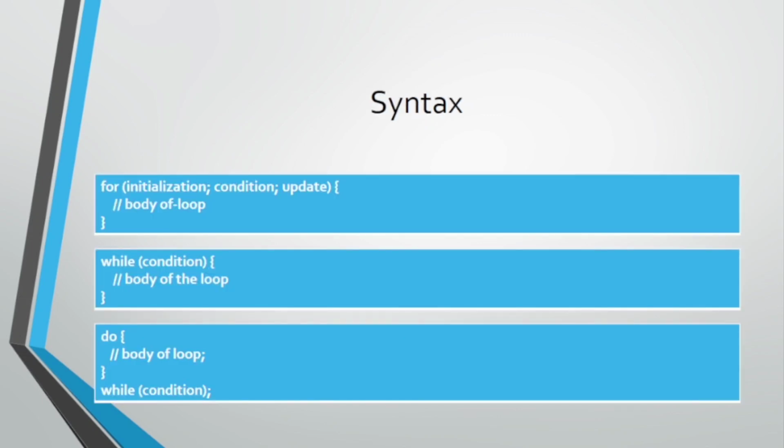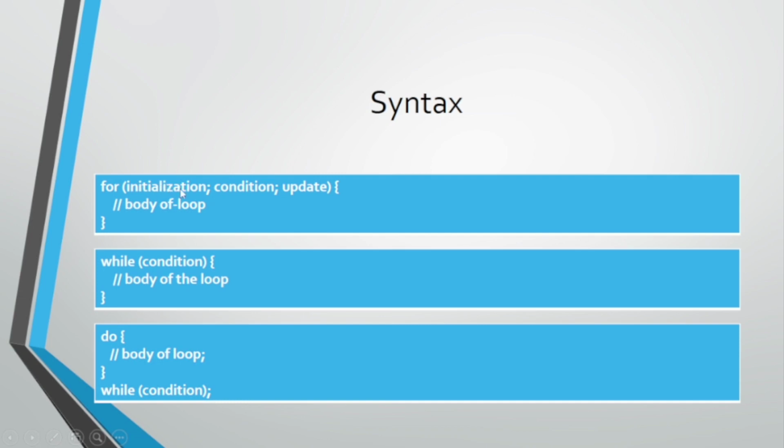Now this is the syntax for for loop, while loop, and do while loop. We will look into detail when we reach the implementation section of these concepts. So this is the syntax of for loop.